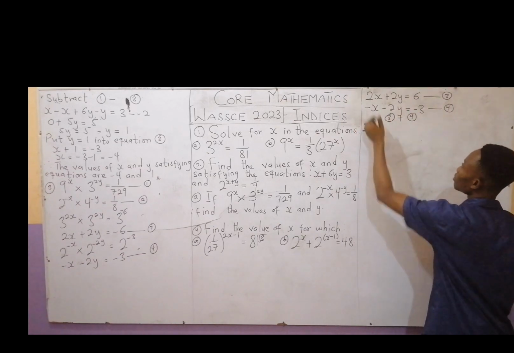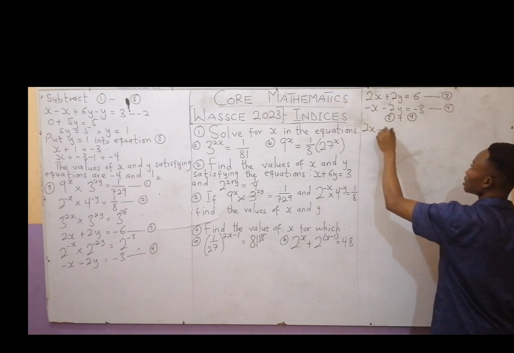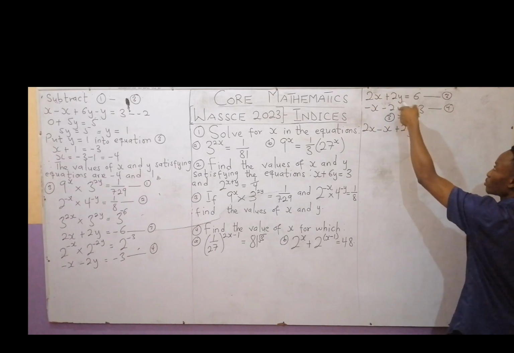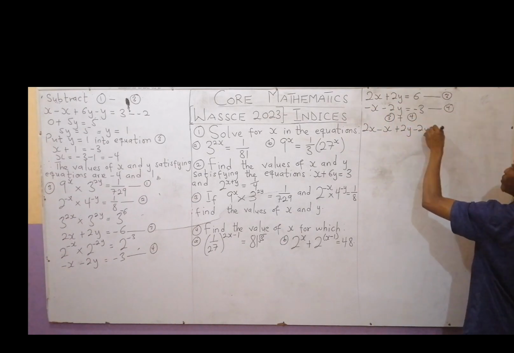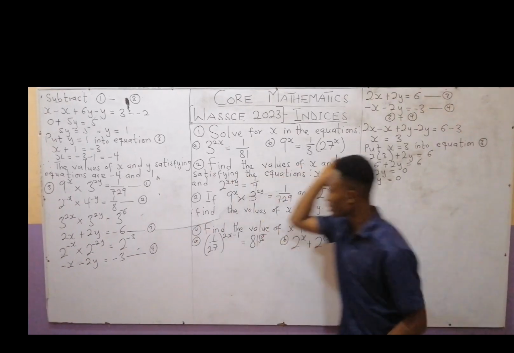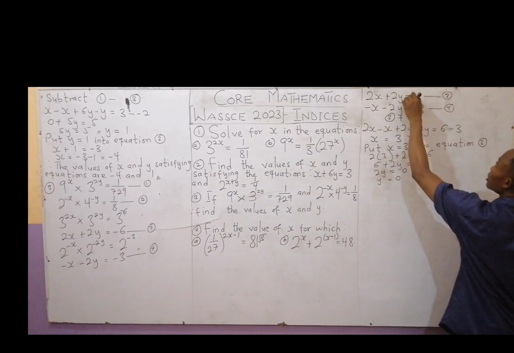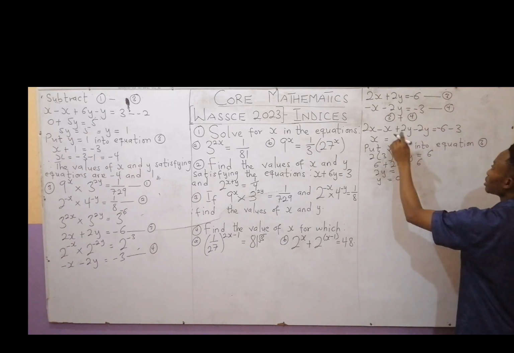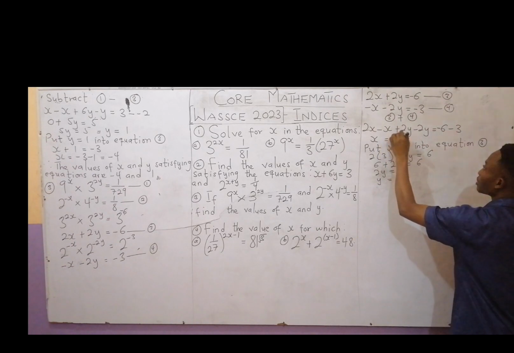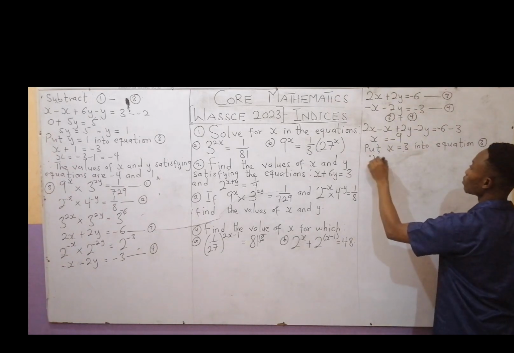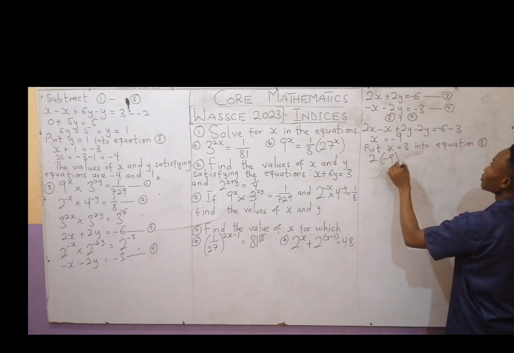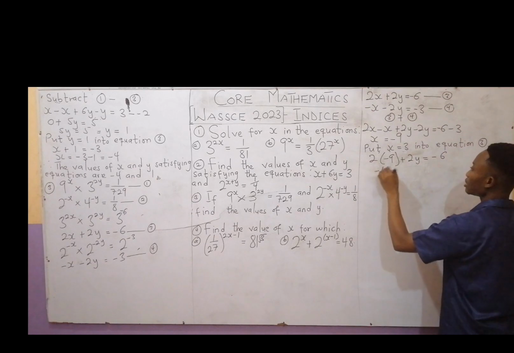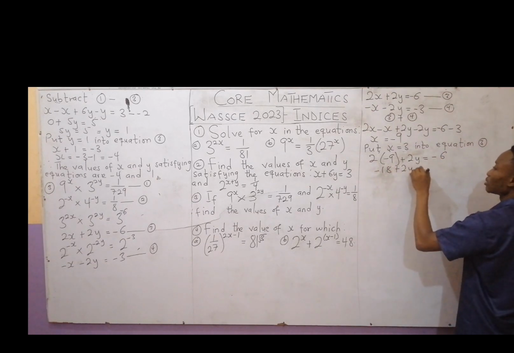So we have 2x plus negative x, negative following positive, negative is dominant. Then 2y plus negative 2y. Then we have negative 6, but here we didn't include that, so negative 6 comes here. Negative 6 plus negative 3 basically gives us negative 9. Yes, I believe that's what we had to correct. So we have x is negative 9. So negative 18 plus 2y is equal to negative 6.